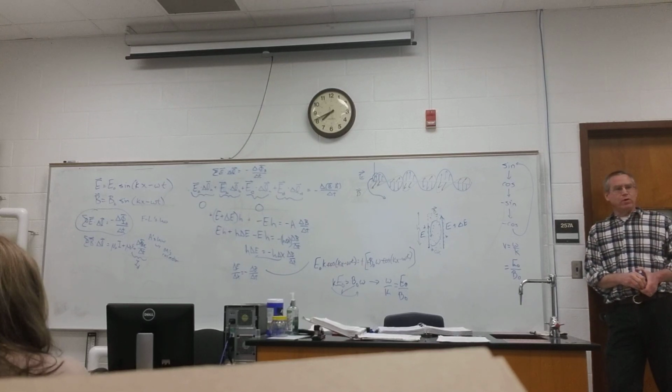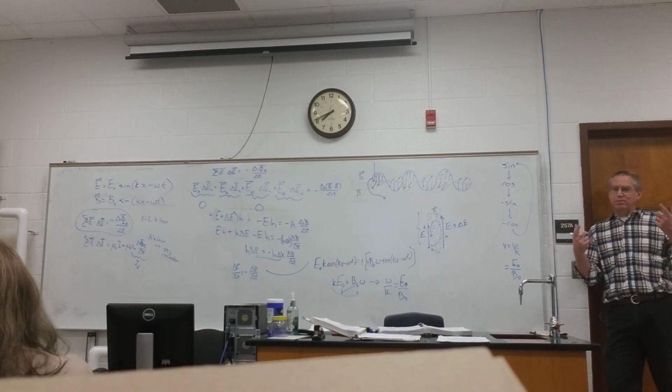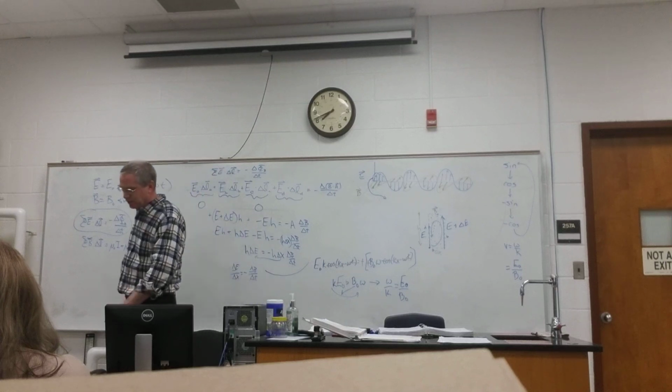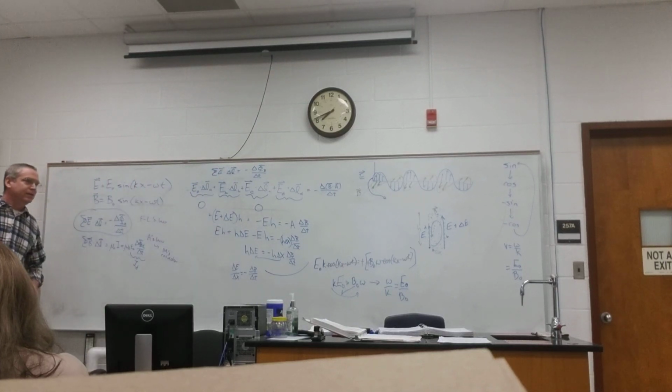And for those of you who are thinking, oh, this ended way too soon, we're halfway there. We have to do it again, except then we'll be using Ampere's law with the Maxwell correction. Questions?